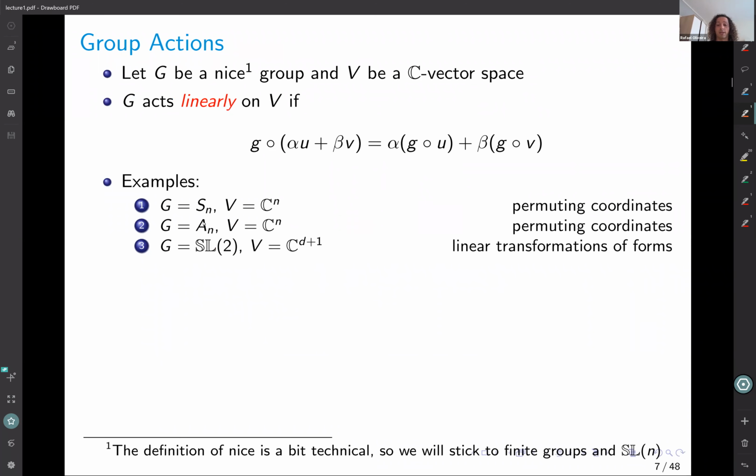Another action, where now we have a continuous group as opposed to a finite group, is the linear transformations of homogeneous forms of degree d.